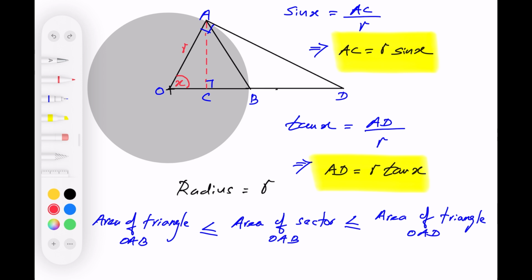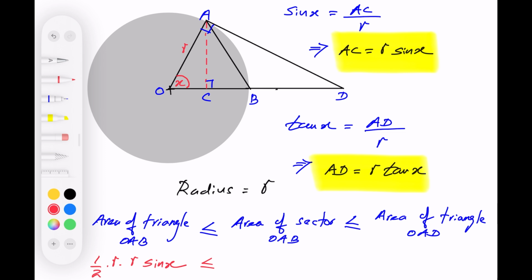Area of the triangle OAB should be 1/2 times the base OB, which is the radius, therefore write it as times R, times height. Height is AC. We saw that AC is equal to R sine x. That should be smaller than or equal to the area of the sector OAB.